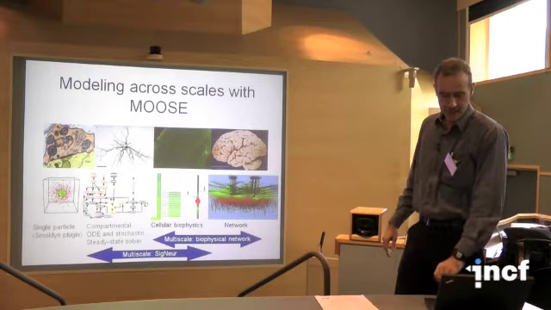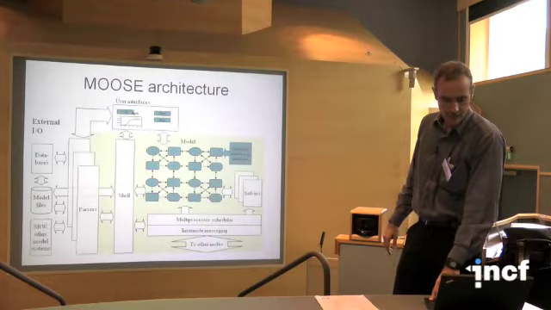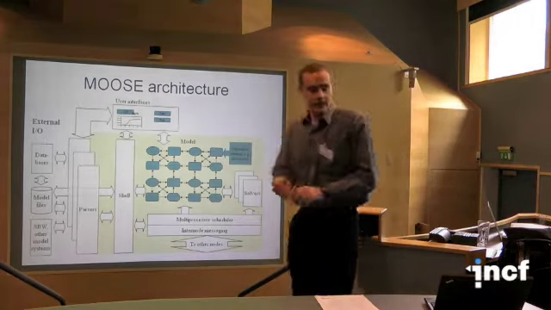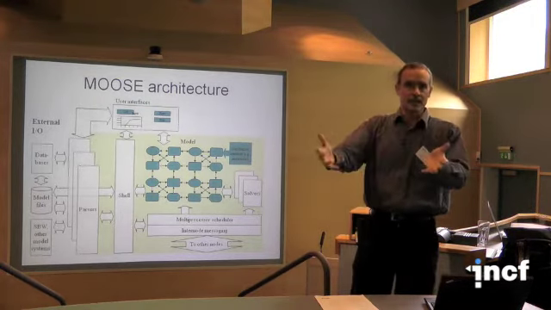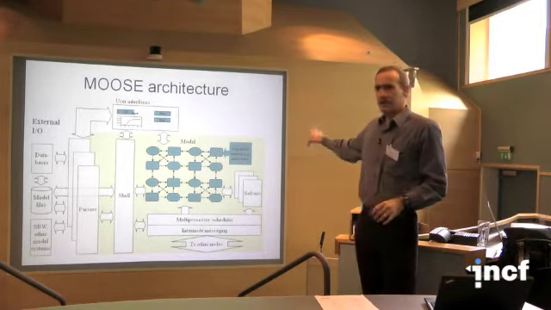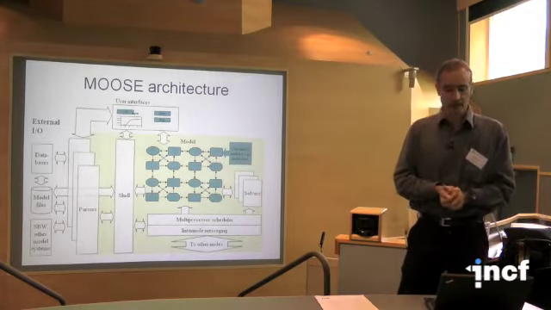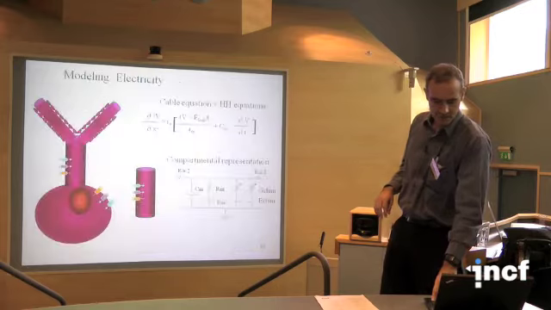So all of these are things that we can do in MOOSE. Its architecture, for what it's worth, is an object-oriented representation of the biology, but this representation is taken over by numerical engines which can do different things with the objects, and then communicate in various interesting ways.